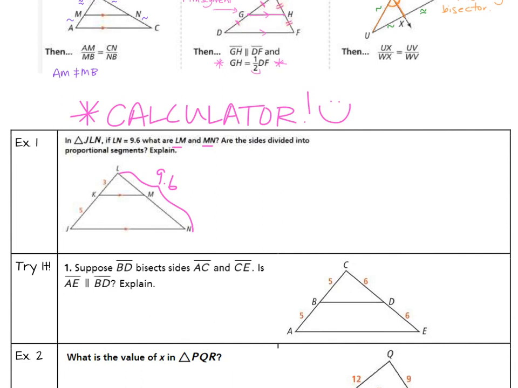Well, if we know that KM is parallel to JN, and we can see that with those arrows right here and right here, by the side splitter theorem, and we'll just go side splitter.